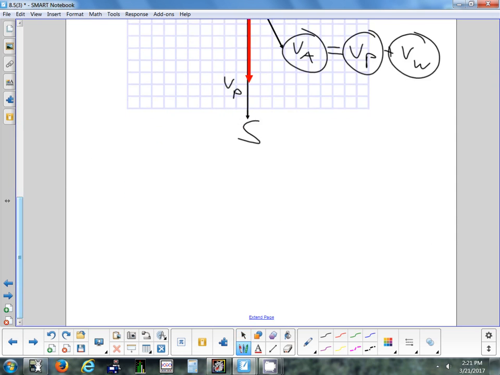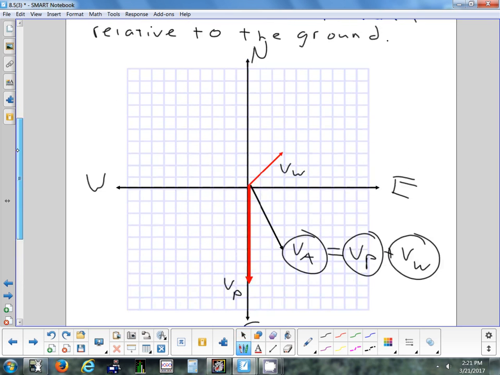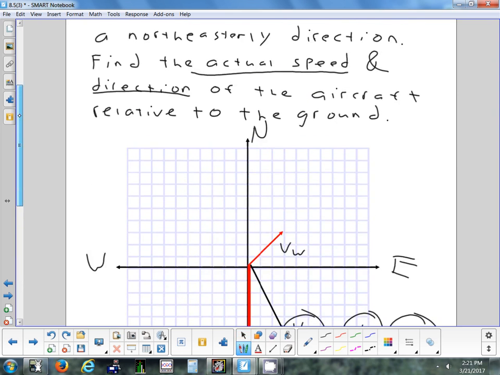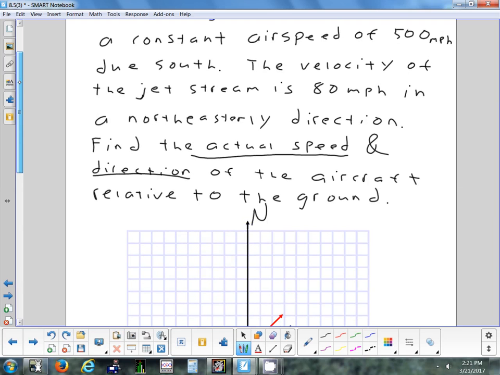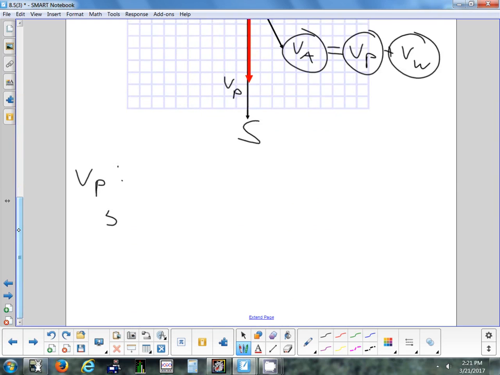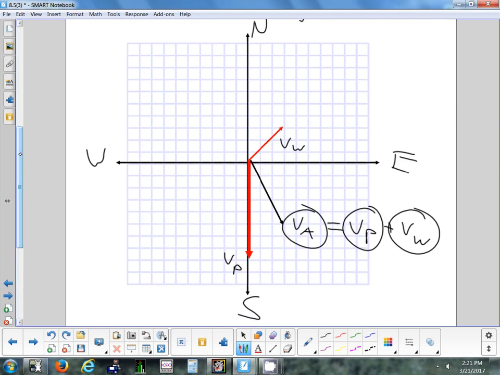All right, so let's start out with the velocity vector for the plane. First thing you need is the magnitude. What's the airspeed of the plane? 500. What trig function comes first? Cosine. And now I need my angle. What's the angle if you're going south?